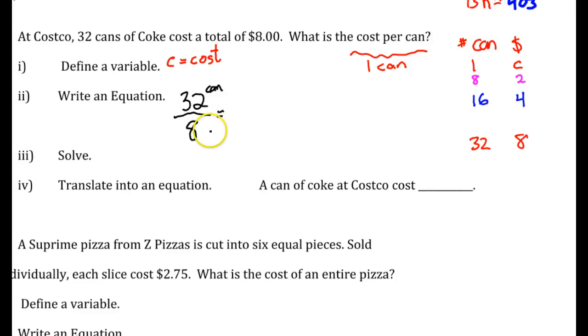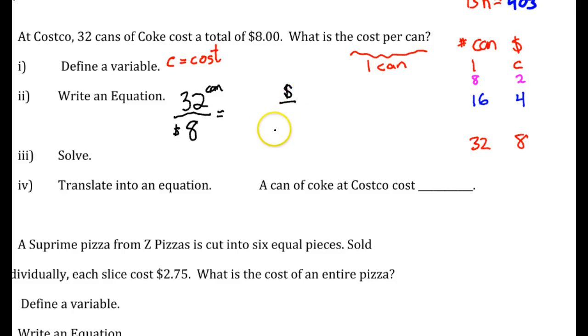You kind of got it. Now, cost per can is going to be the dollars over the cans. That's cost per can, when the dollars is on top and the number of cans is on the bottom. So I think you want this to be flipped, if that's what we want at the very end.